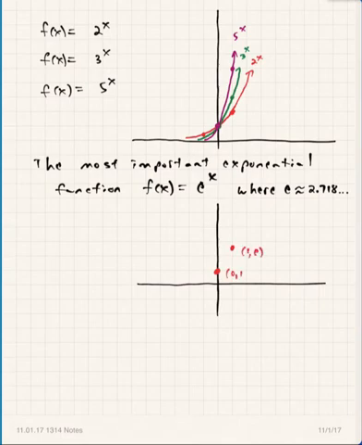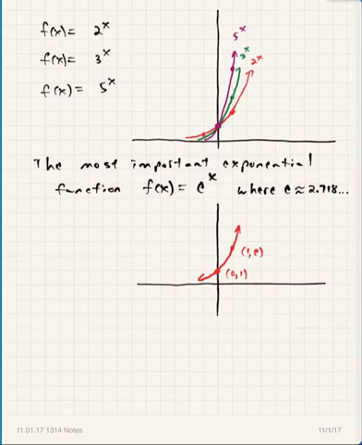This would be the point (0, 1) right here. And those 2 points, taken together with the fact that you know this is a growth curve, gives you a pretty decent sketch of e to the x. E to the x goes through (0, 1) and (1, e). That's a graph that I want you to know the shape of for that exponential function. Definitely want you to know that.